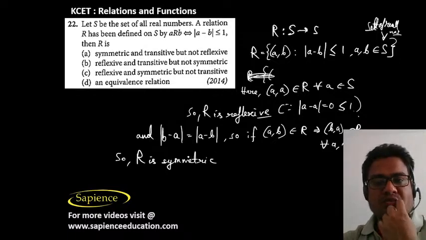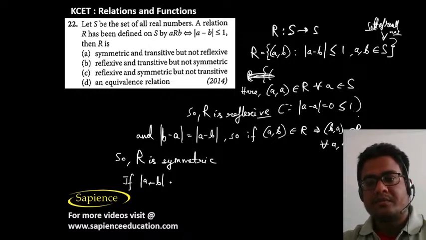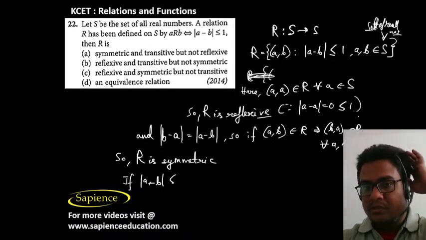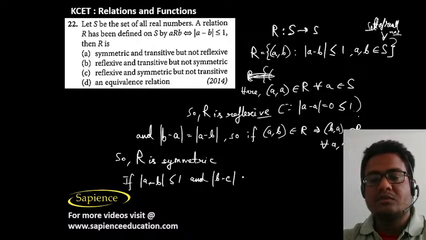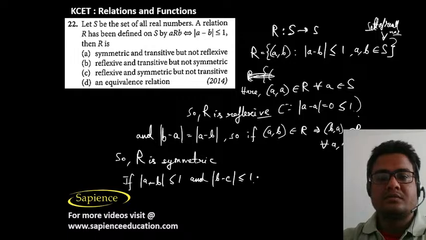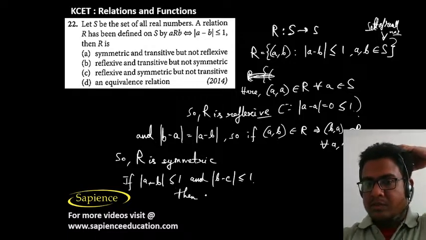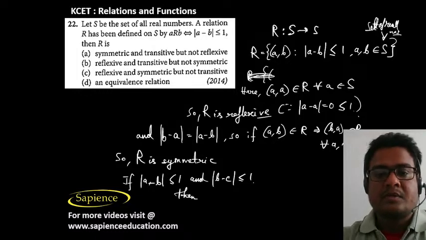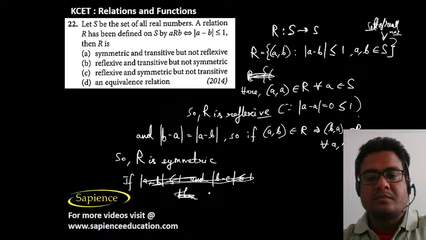And transitive we have to check. Absolute value of A minus B is less than or equal to 1, and absolute value of B minus C is also less than or equal to 1. Then we have to check with an example.